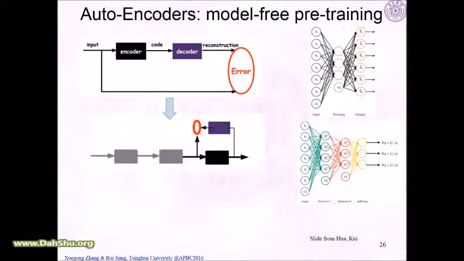So this can be done in a multiple-layer way. We can train one layer of encoder, remove the decoder, and use the code we obtain as the input of another neural network, and get another layer of information compression, and so on and so forth. So we get the encode layer, the output, the decode. We calculate the error to adjust the weights at the encode and the decode, and we remove the decode and keep the weights here.